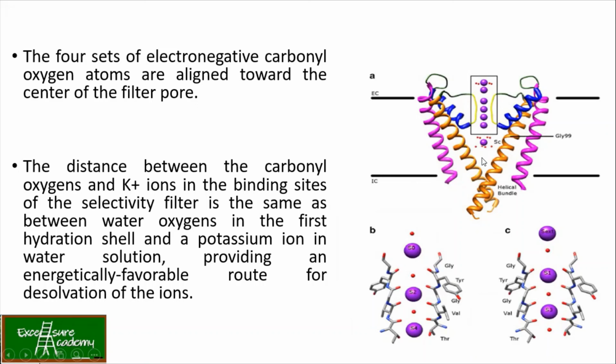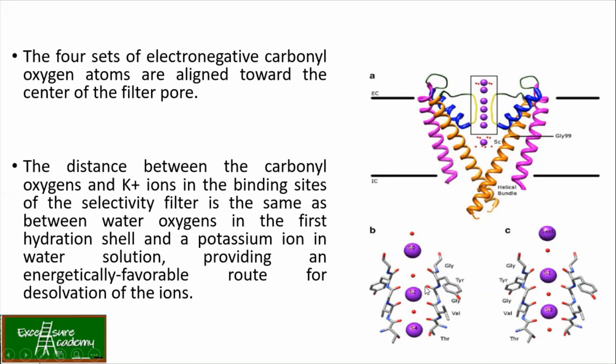So what does it mean? ये कौन से electronegative carbonyl oxygen की बात कर रहे हैं? Can you tell me? So each peptide bond, can you see over here the amino acids they have mentioned which form the selectivity filter? So उनके oxygen atoms are actually protruding outside, which is making the interactions with your ions.